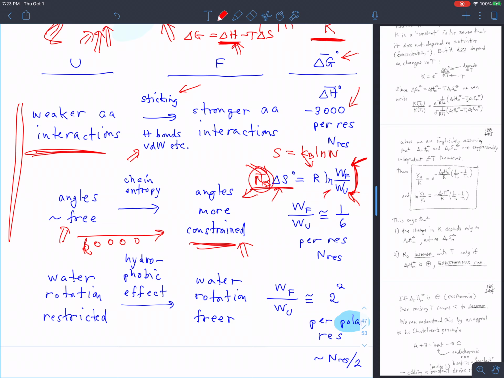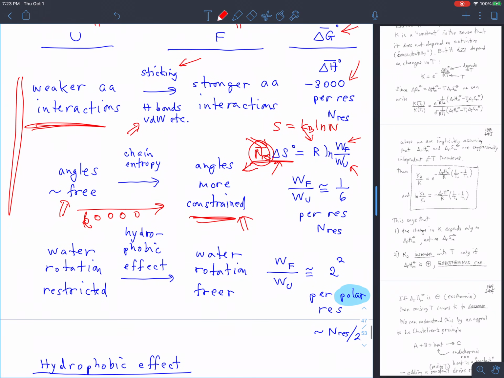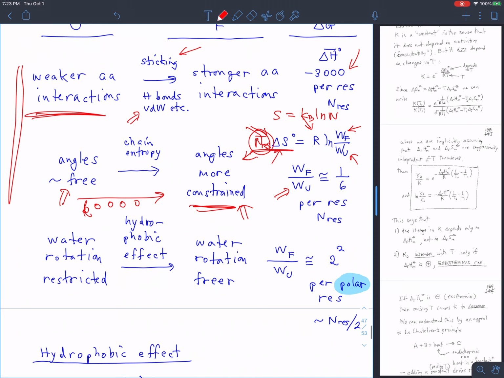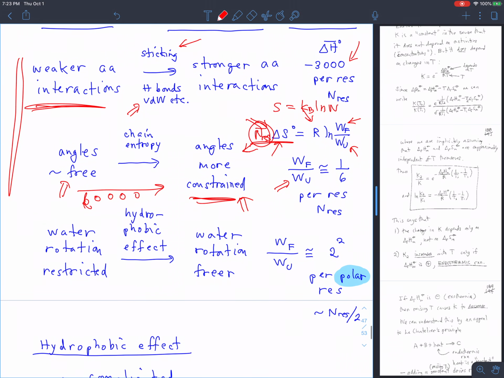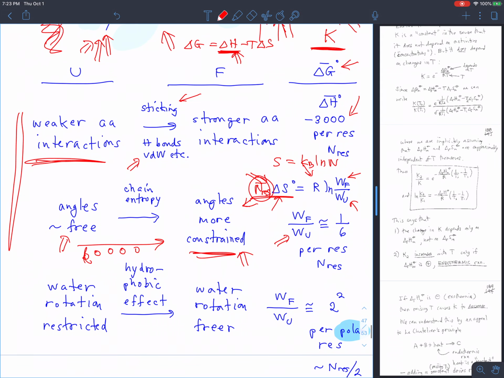So this ratio of microstates is meant to be the change in the number of microstates available for one residue when it's folded versus when it's unfolded. And again, this value is kind of picked post facto by experience.